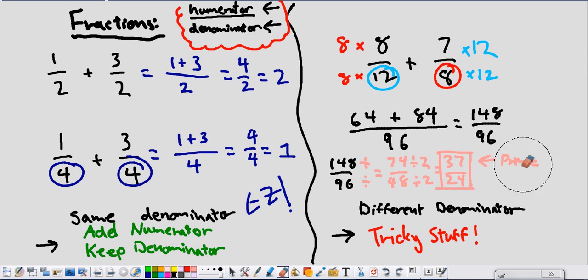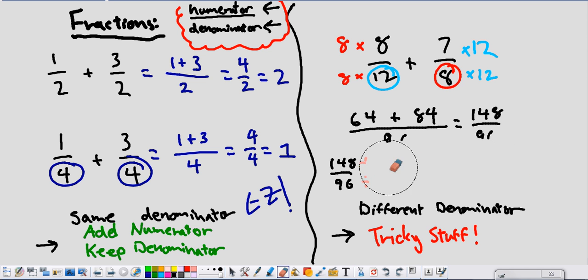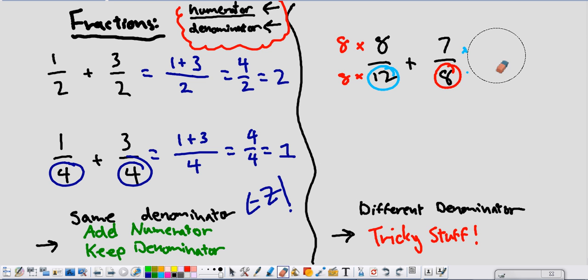The trickier way, but the way that would get you to the answer faster without having to do any of that simplification mumbo jumbo, is to find what we call the least common multiple, LCM, of your denominators. The LCM of 12 and 8.